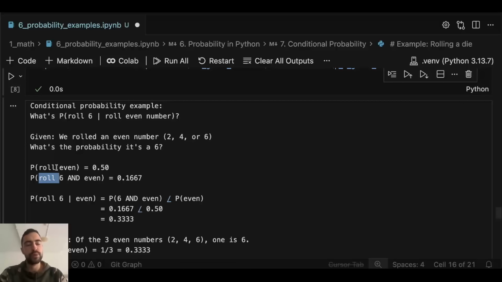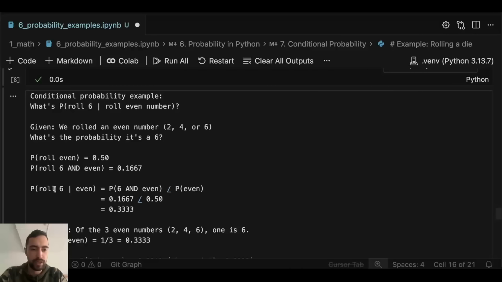First of all, the probability to roll an even number is 0.5 because we have 3 odd and 3 even numbers on a dice. And the probability of rolling 6 and even? You need to think a little bit. If you roll 6, it will also be even. So here we're just going to use the probability of rolling 6, because if we roll 6, it will also be even. So that's the probability.